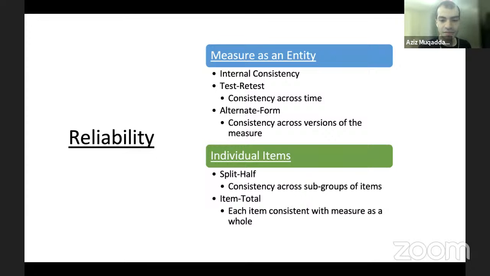And then individual items. So in a scale, you remember when we talked about operationalization, we come up with different questions to measure the same thing, right? So you have like 4 items, 5 items, 6 items, 3 items, it depends. And each measurement should be consistent with the scale as a whole, right? We remember one exercise we had, where I asked you about ad intrusiveness. So you ask, is the ad intrusive? Was that annoying? And was it disturbing?